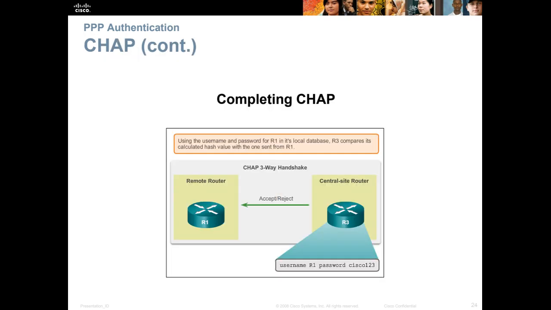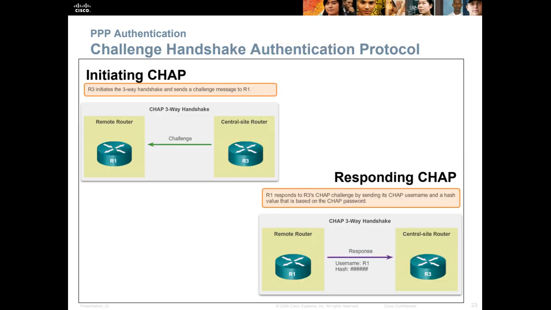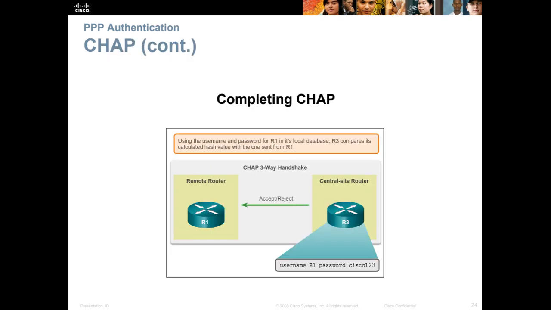This is your CHAP, three-way handshake. See, CHAP is more complicated. Here the router is challenging. The remote router will respond. The headquarters will check, and approve or reject.